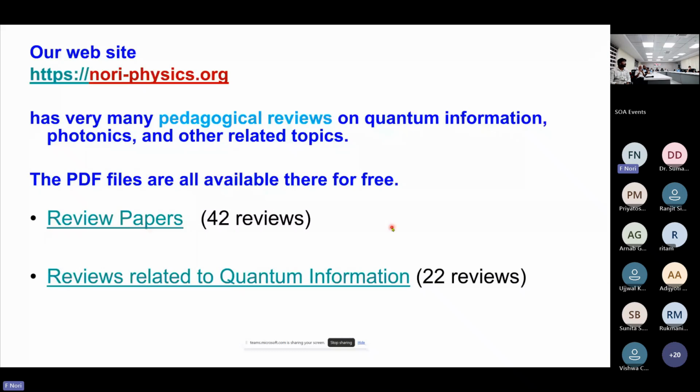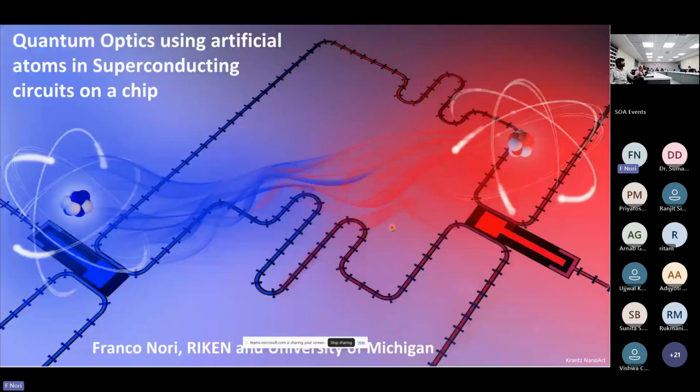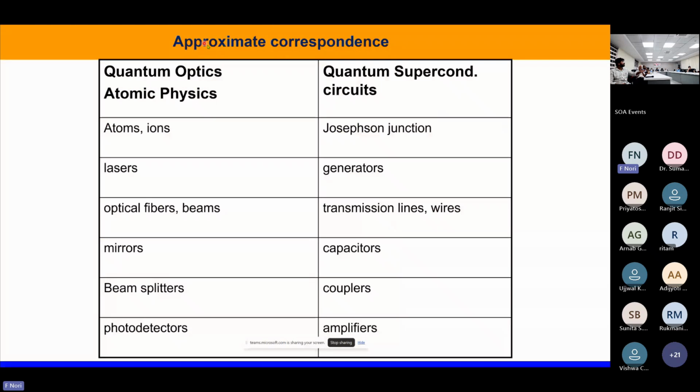So let's start here with an approximate correspondence between quantum optics, atomic physics, and quantum superconducting circuits. When people study quantum optics and AMO, atomic physics, you replace the atoms and ions by Josephson junctions, which we'll see in a moment is a sandwich between a superconductor, an insulator, and another superconductor.